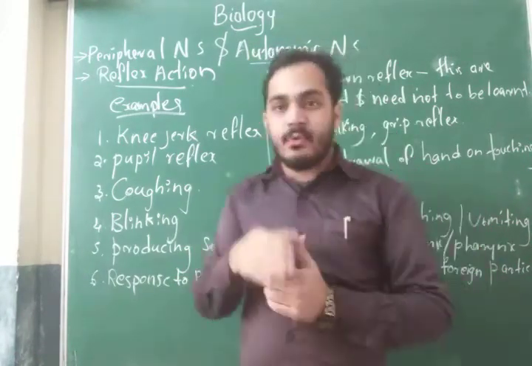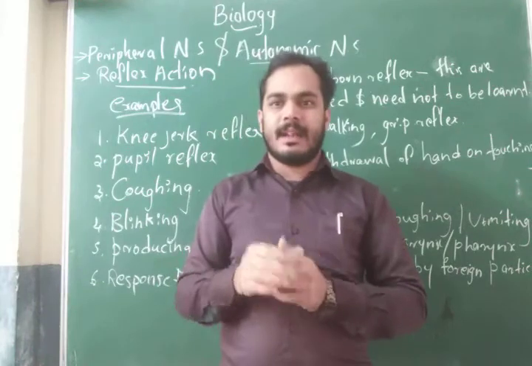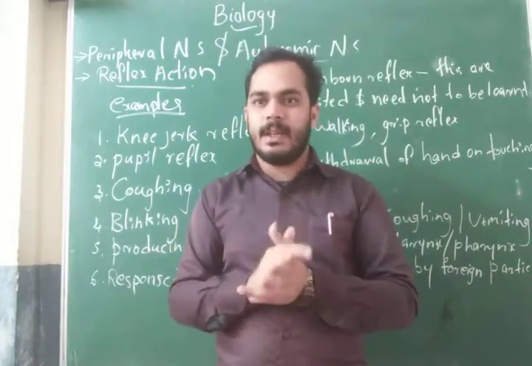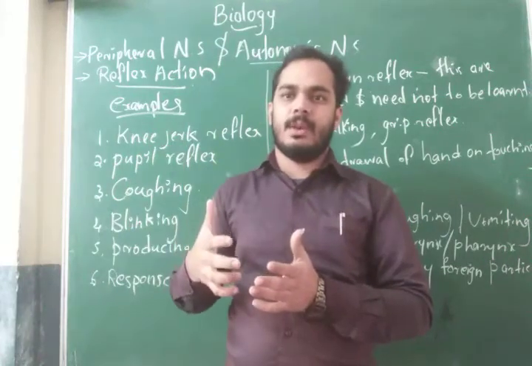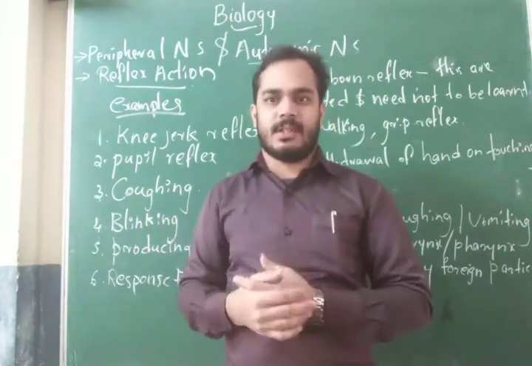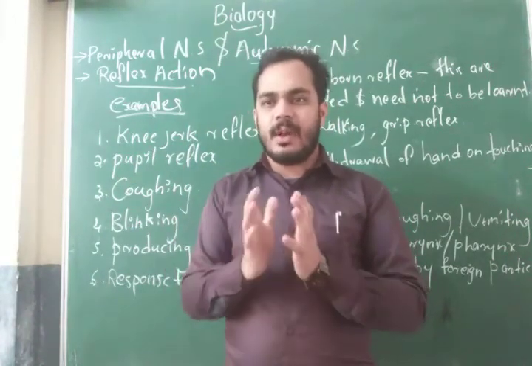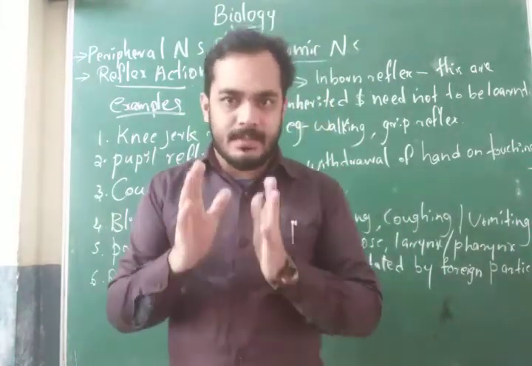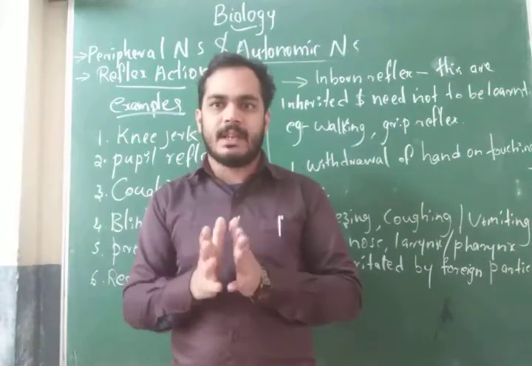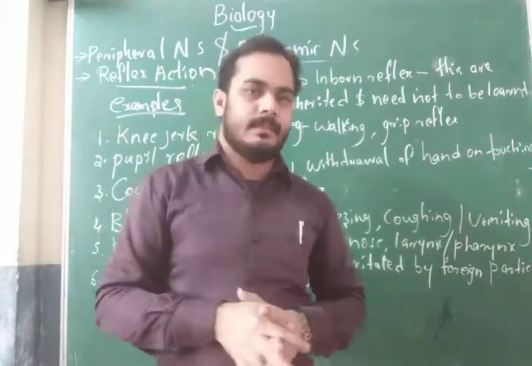And response to pain: suddenly when we face pain, we withdraw the hand or part of the body away from that object. So it is also an example of reflex action. Reflex action means an automatic response to the stimulus.